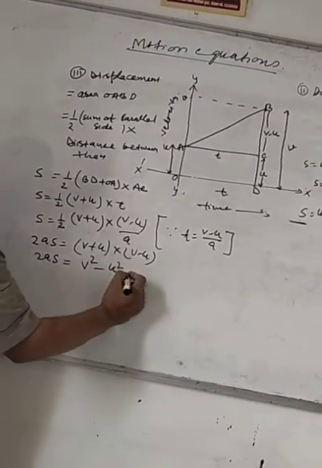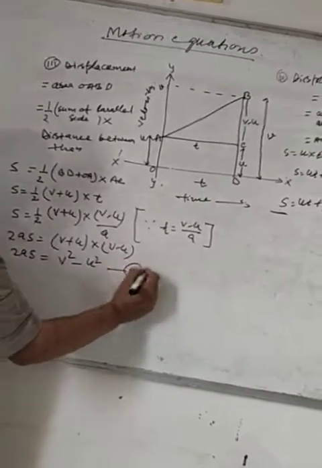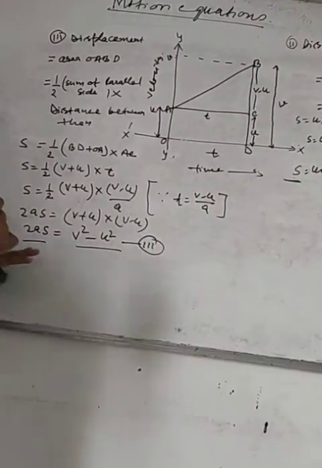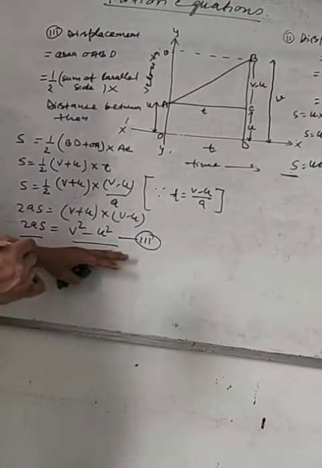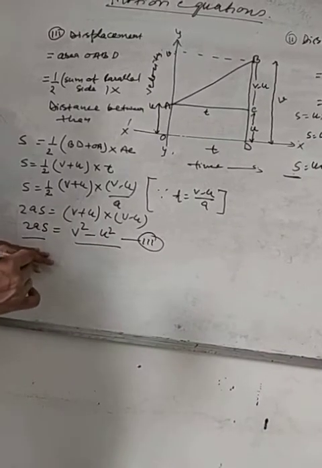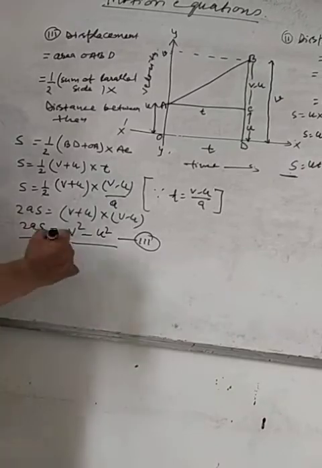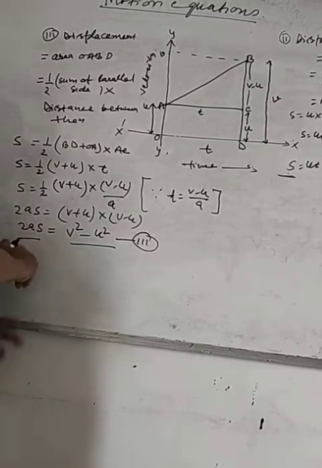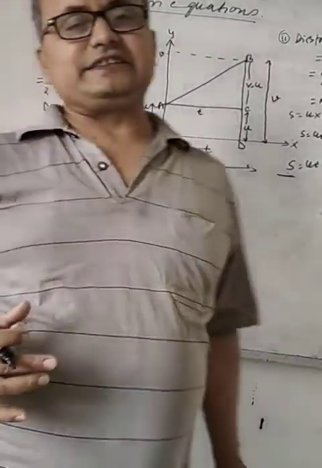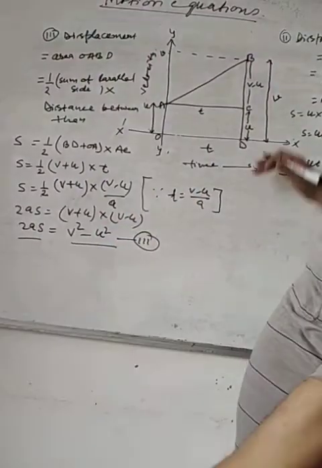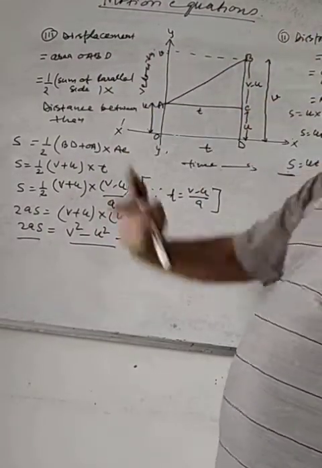So this equation explains the position velocity relationship, and also explains the displacement velocity relationship.